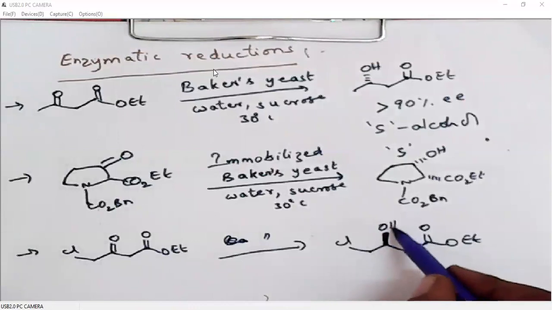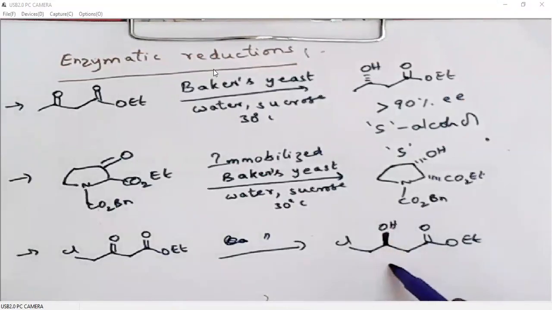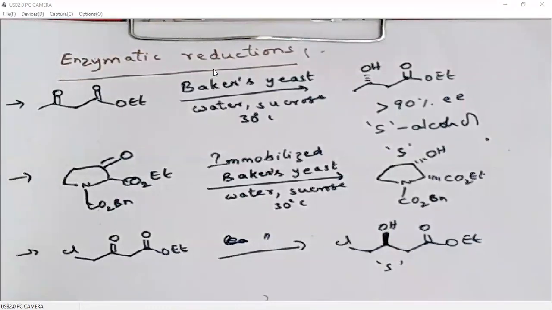In this case it is the beta alcohol, but still when you look at the configuration, it will be S only. So enzymatic Baker's yeast reduction will give us the S alcohol.